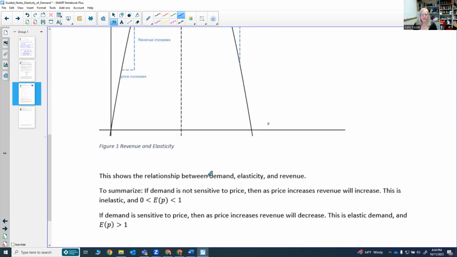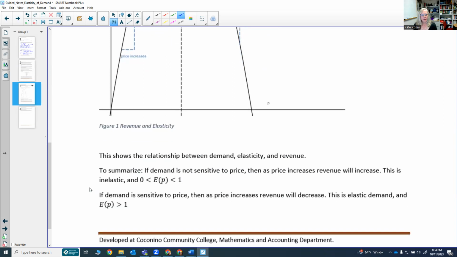This shows the relationship between demand, elasticity, and revenue. To summarize, if demand is not sensitive to price, then as price increases, revenue will increase. This is inelasticity, and 0 is less than E of P is less than 1. If demand is sensitive to price, then as price increases, revenue will decrease.